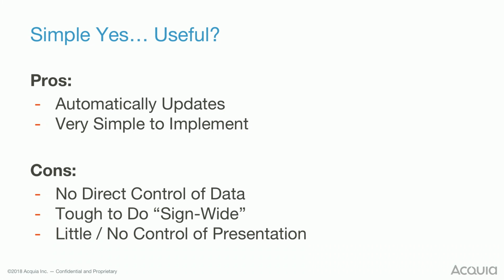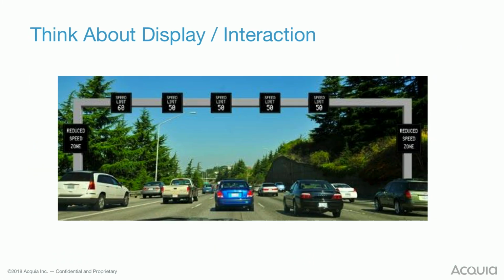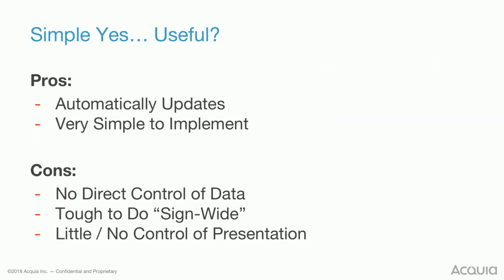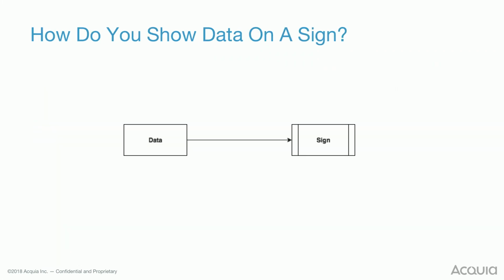So you don't really have a lot of control over the presentation. And in our sign example, a little LCD screen like that doesn't let you embed a widget. And I don't think whatever software is providing that speed data is going to have something you could embed anyway. So this is where you have to start thinking about the kind of solution that you actually want to architect.